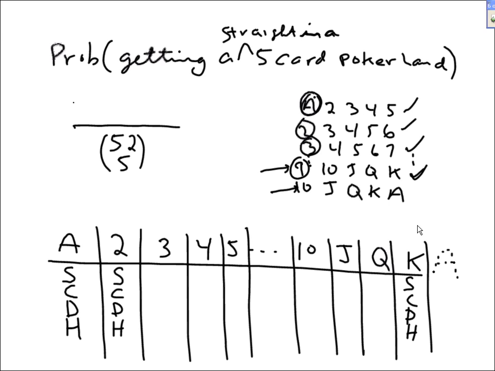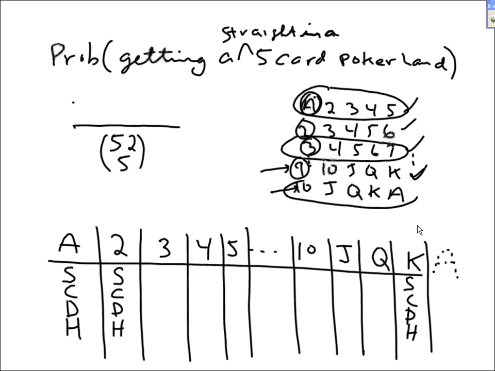Okay? So, and they all have the same chances. The chances of getting this straight is the same as getting this straight. It's the same as getting that straight. They're equally likely. So in here, I'm going to put the probability, say, of getting that straight. You don't like that one? Wonderful. Find the probability of getting that straight. But you need to multiply it by 10.